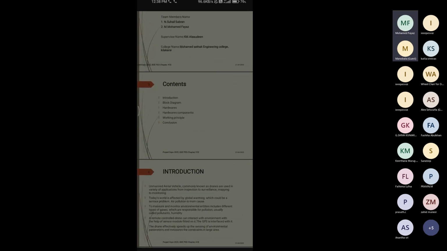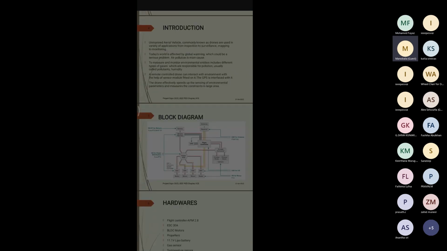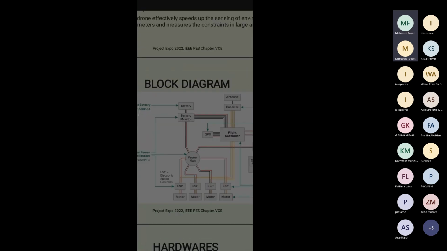Let's see our hardware block diagram. Flight controller, GPS, ESC and the power hub. The ESCs are connected to the four motors and the battery. The battery monitor monitors the battery level.